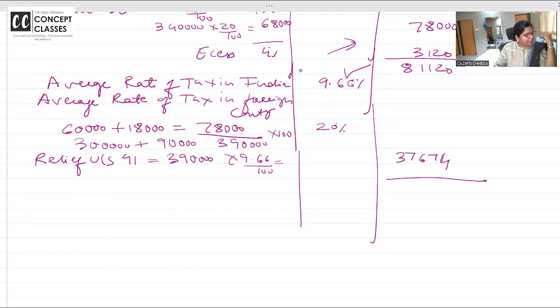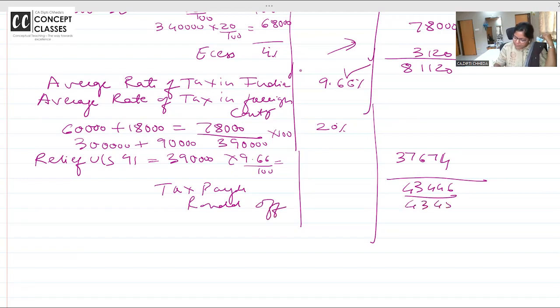So your tax payable is coming to 43,446, rounded off to multiples of 10, 43,450. Nice.